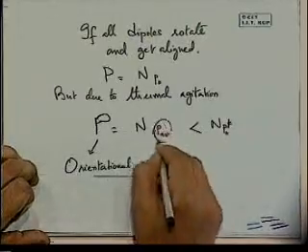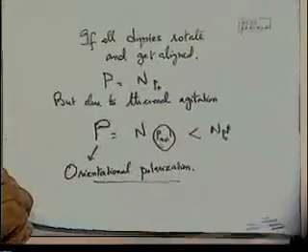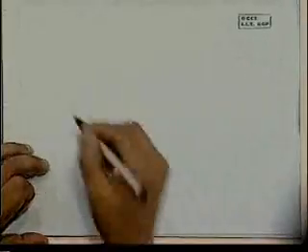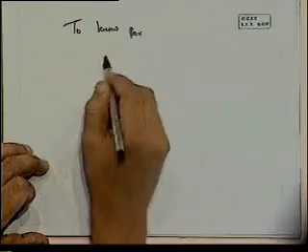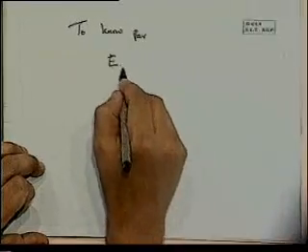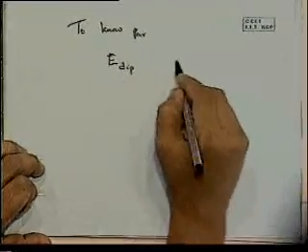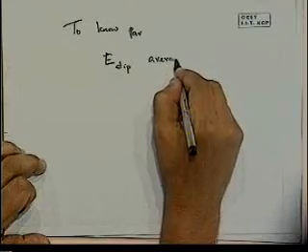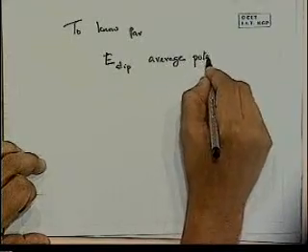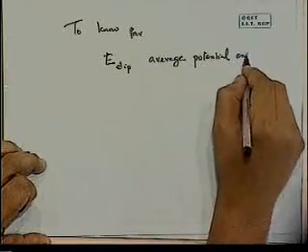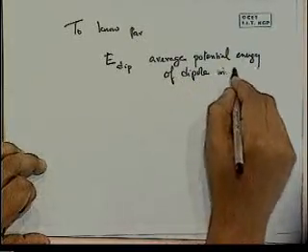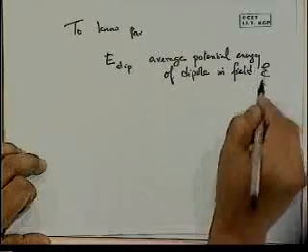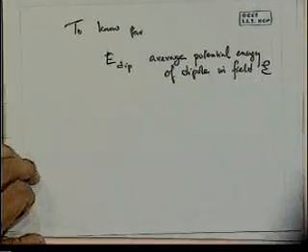Now we would like to know what is P average if possible. And to know this, we have to determine what is the energy of the dipole, potential energy, in the field E. Okay?